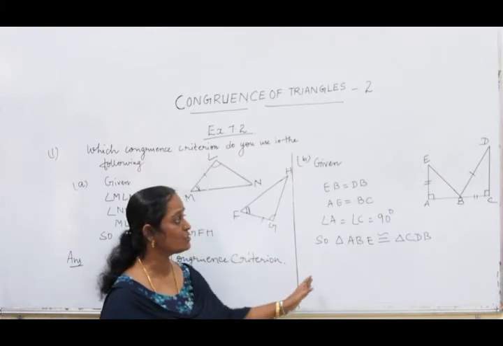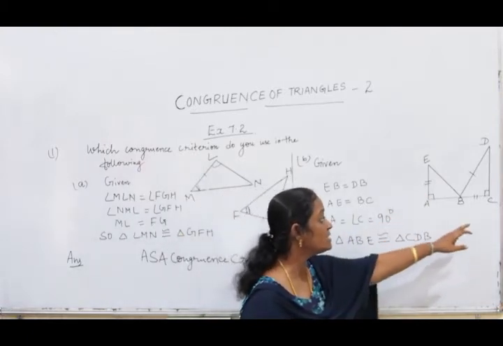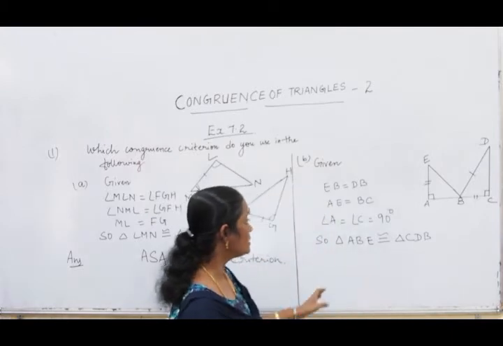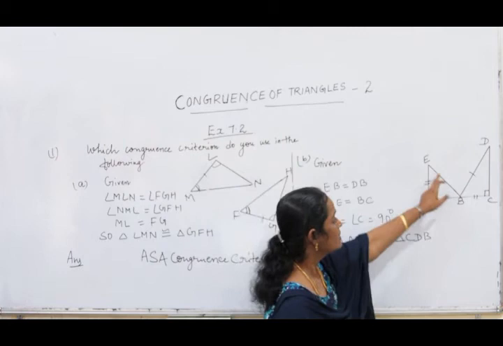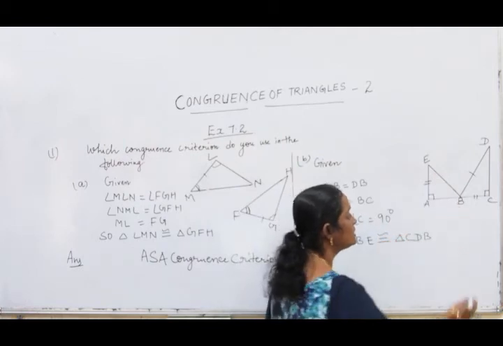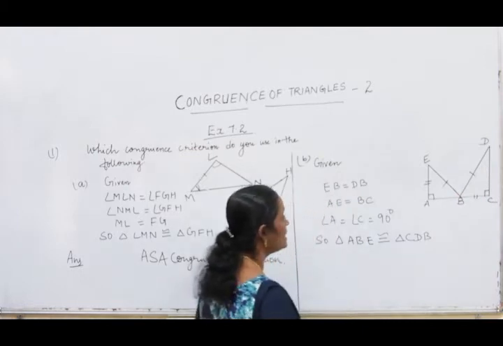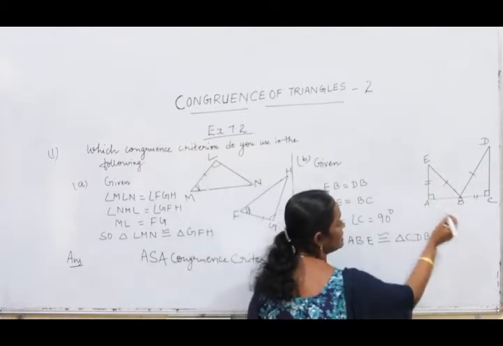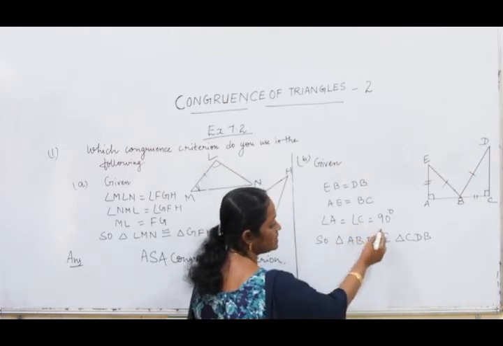Here the next question, two triangles are given, triangle ABE and triangle CDB. So here EB is equal to DB. This side EB is equal to this side DB. And AE is equal to BC, and angle A is equal to angle C is equal to 90 degrees.